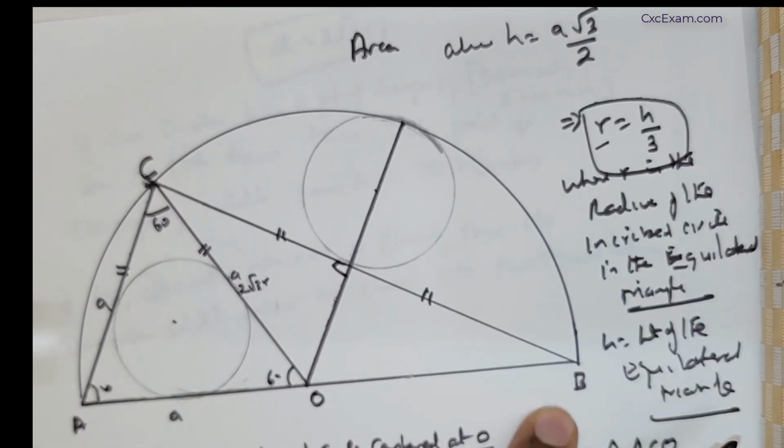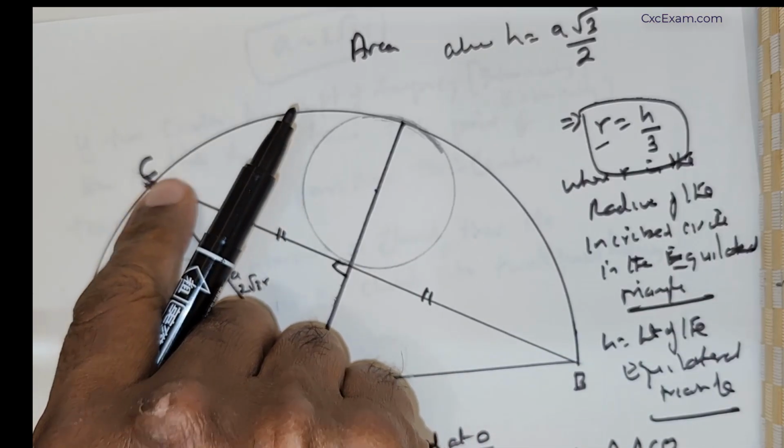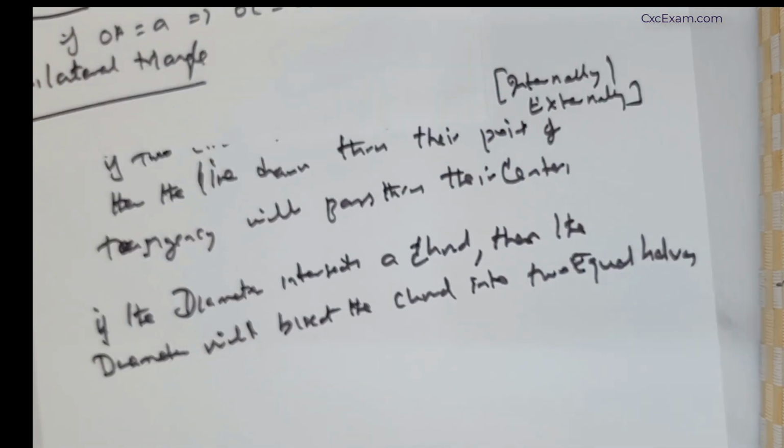Now you see here AB is a diameter, and this diameter is part of this triangle ACB. So we will use Thales theorem.